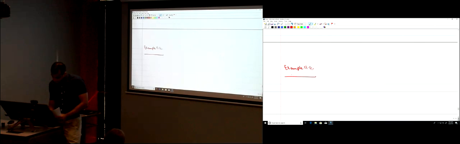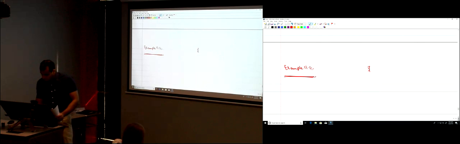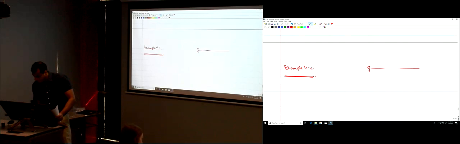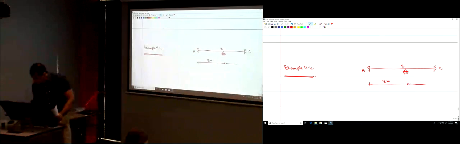So example 11.1, we have this beam A, B, C. Remember, AB is 8 meters long, BC is 6 meters long.